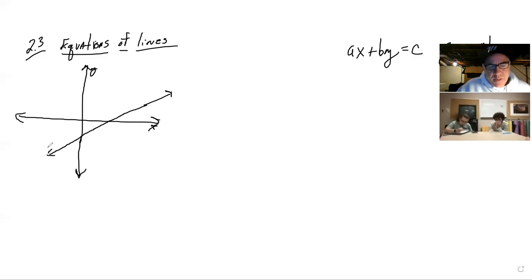It could pitch like this, it could go this way, it could be perfectly horizontal, it could be vertical. And what we want to come up with is one number. And just by knowing this number, I'll know how the line is oriented, which way it's going to slant, and how steep that slant is. I'll know if it's vertical, I'll know if it's a horizontal line.